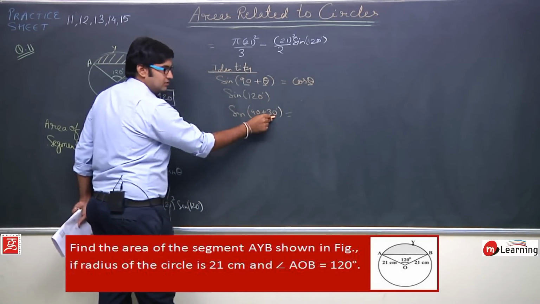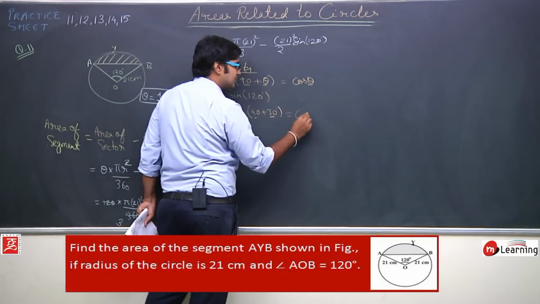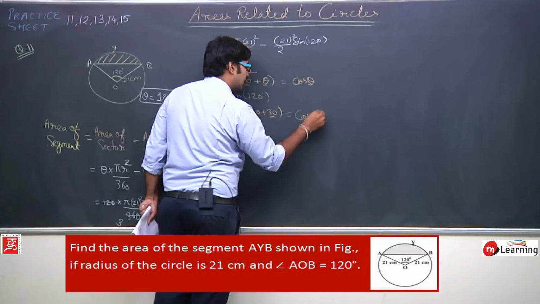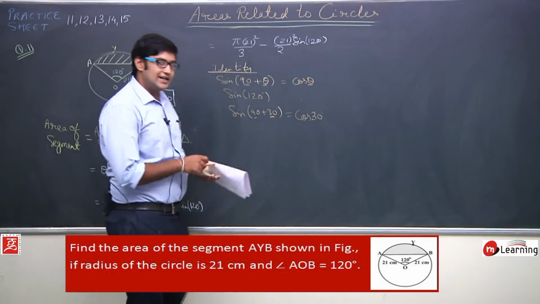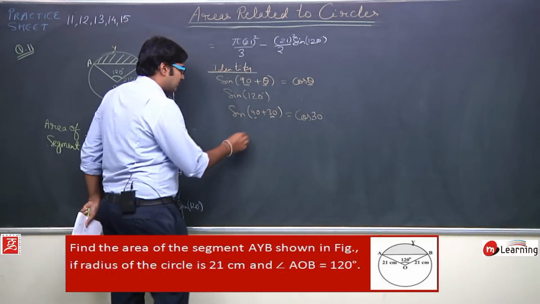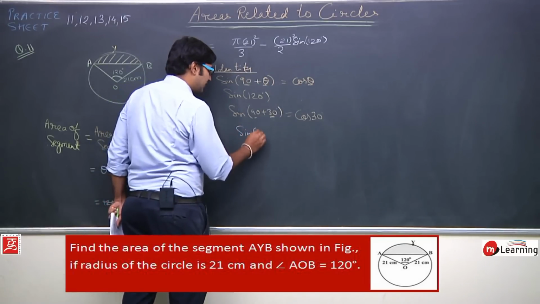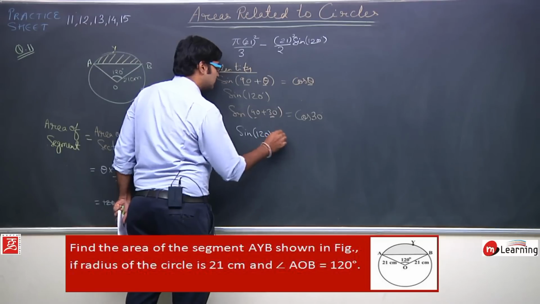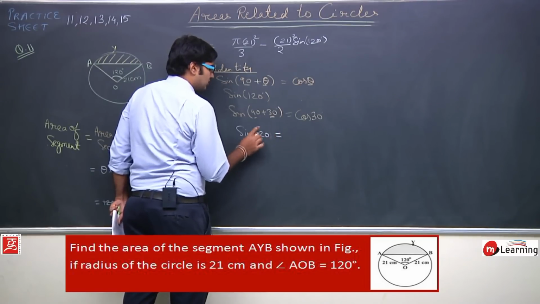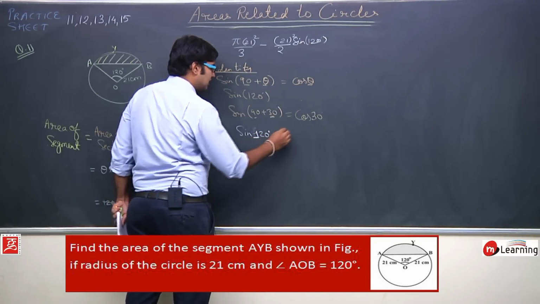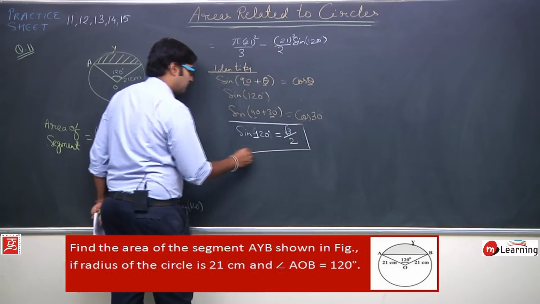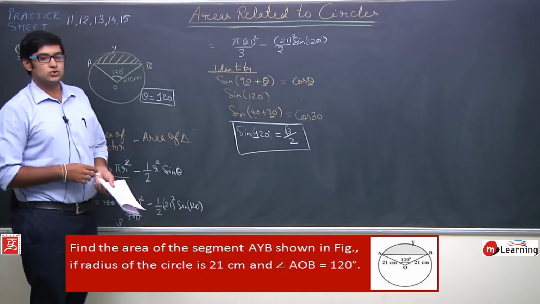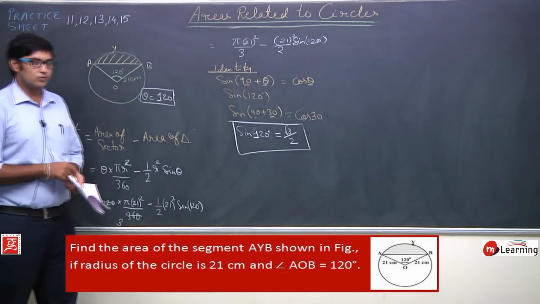Now, here theta is equal to 30 degree, so this is equal to cos 30 degrees. We know the value of cos 30 is root 3 upon 2. So, sine of angle 120 is equal to root 3 divided by 2.